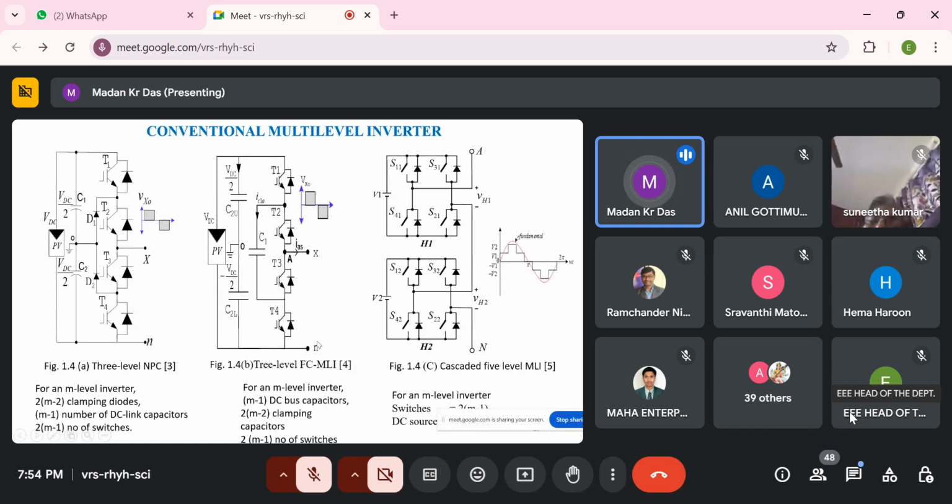In the capacitor clamp inverter, the diode is replaced with a capacitor, and this type is called the flying capacitor inverter. Cascaded inverter means H bridges, which we have discussed. When two H bridges are connected, we get a 5 level output. Since it is cascading in nature, this is called the 5 level H bridge inverter.